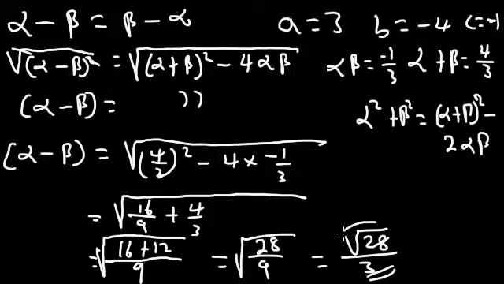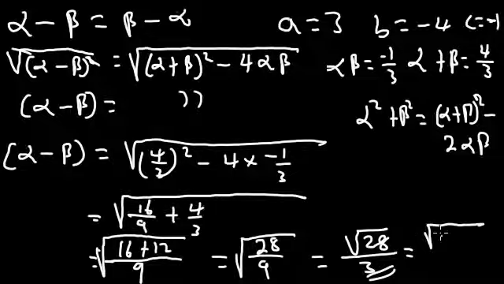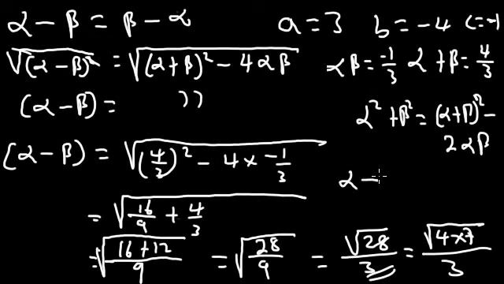If you want, you can simplify this more. If you are dealing with multiple choice or objective questions, then I recommend you give your answer in simplest form. 28 is the same as the root of 4 times 7, over 3. Root of 4 is 2. Then the final answer for alpha minus beta is simply 2 root 7, entirely divided by 3.